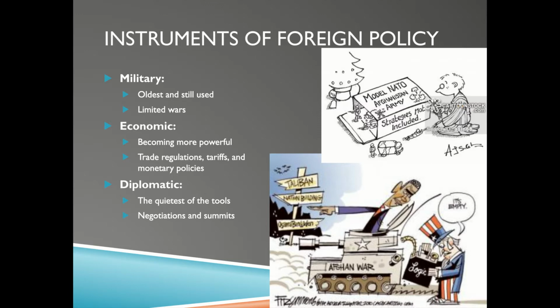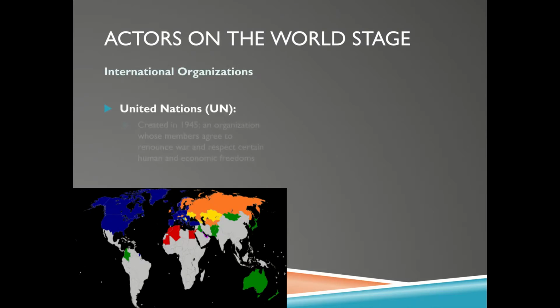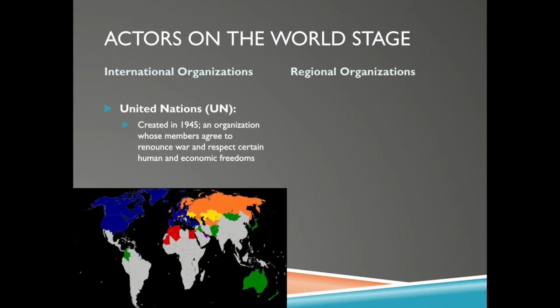We have limited quote unquote wars, but we are in 60 or so countries throughout the world. Economic policy is becoming far more powerful, and that includes trade regulations, tariffs, and monetary policies. Also, diplomatic is the quietest of the tools. This is negotiations, summits. Most of the time, people don't know that diplomatic foreign policy is happening until after the fact.